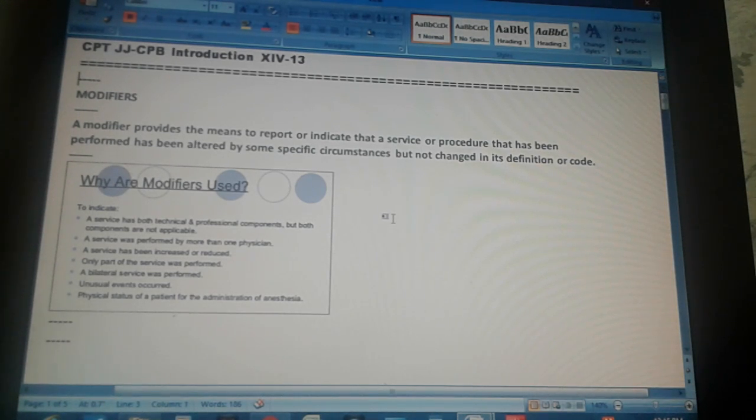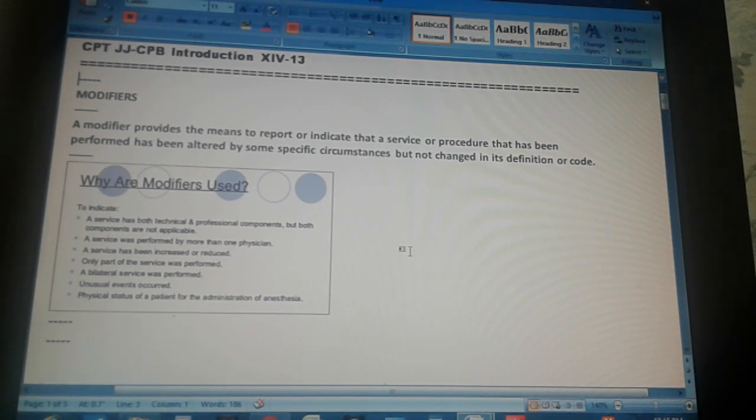Well, there's a table of modifiers in your CPT book, and it's just 2 numbers and a letter. Right. Yeah. Okay. So we're going to give you examples in the next theory session, but for now, we're just giving you the definition of what a modifier is and what the use of it is. Okay? So that's our theory for today.